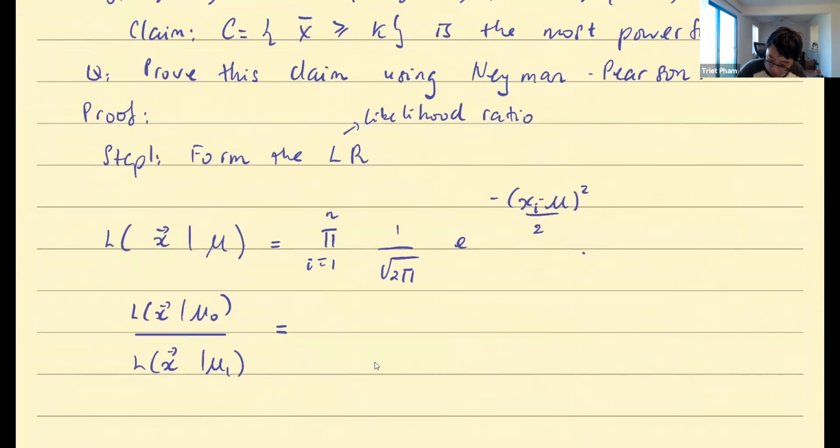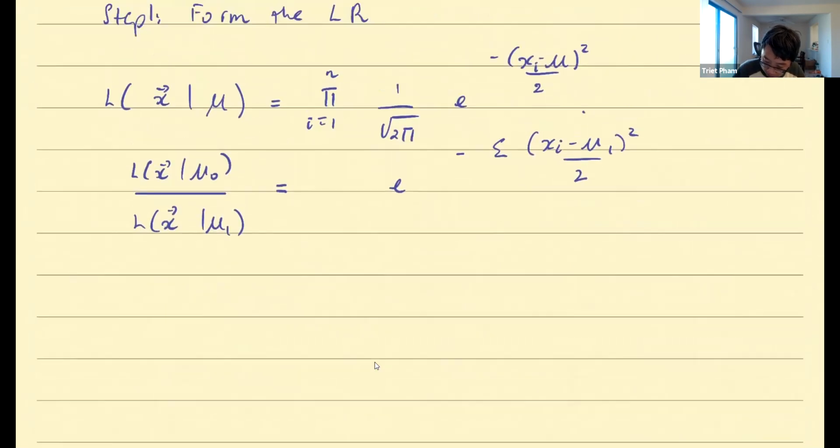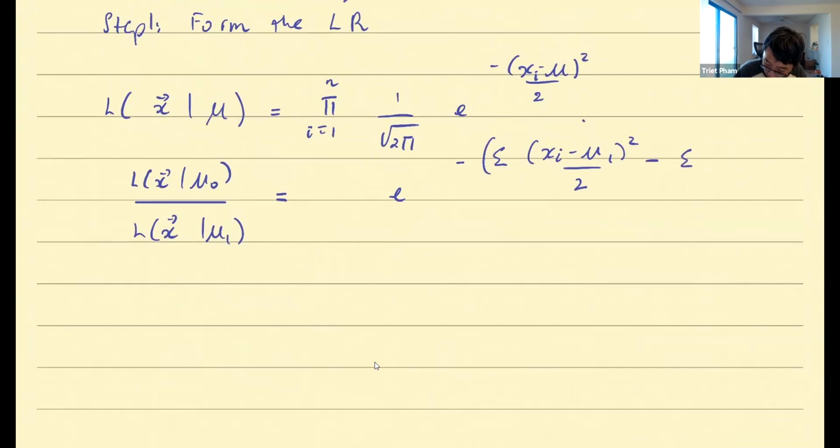You will get e to the minus the sum of xi minus mu 1 square over 2 minus the sum of xi minus mu 0 square over 2. Sorry, the other way, isn't it? It's important here. Is that okay?